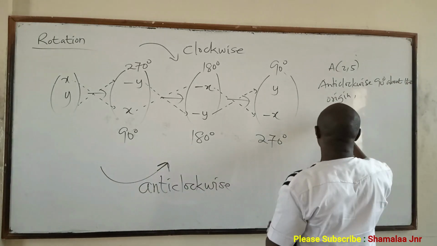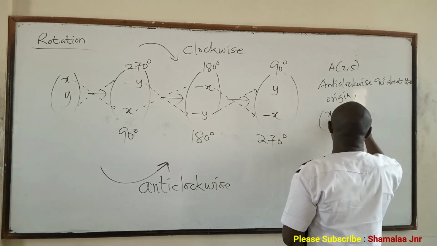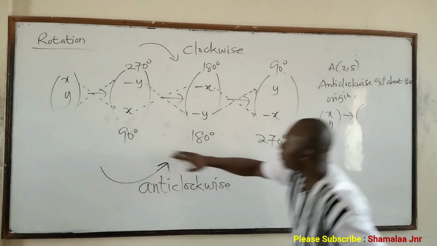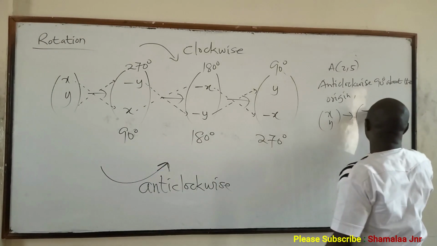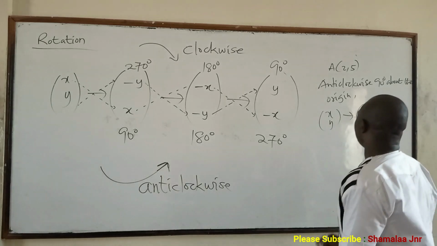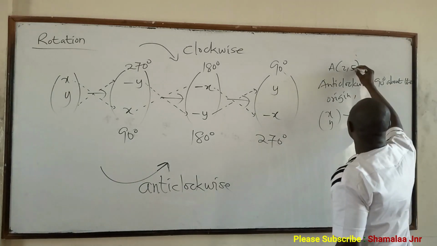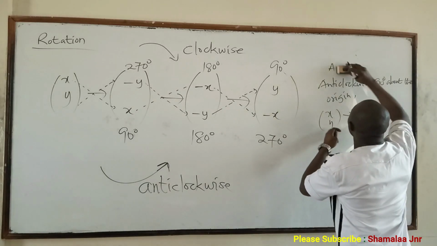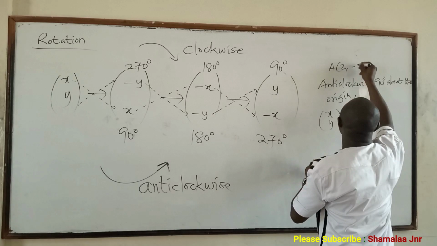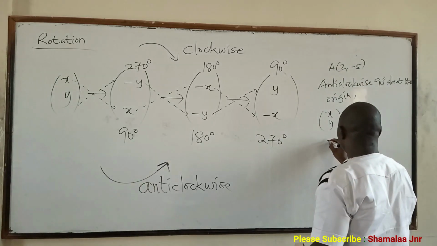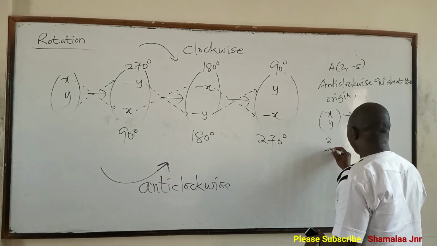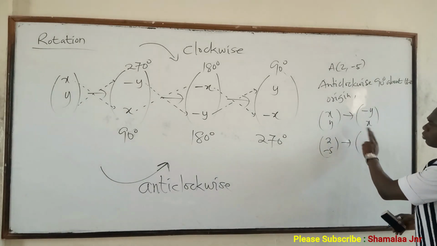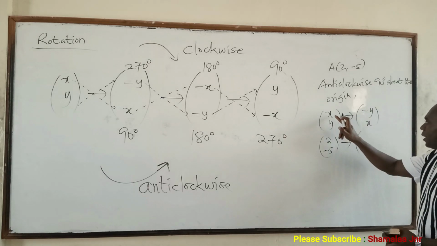So the formula will be (x, y) maps onto, for anti-clockwise 90, you know that is the formula, (-y, x). So if I write, let me write it well, (2, -5). Now according to the formula, look at this x.